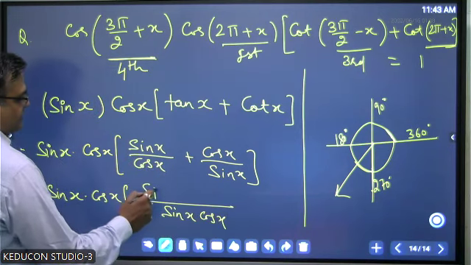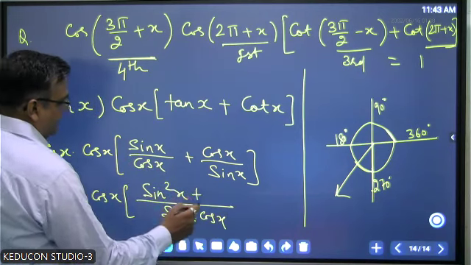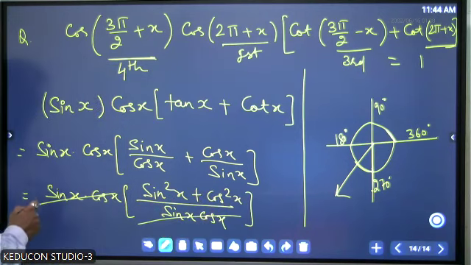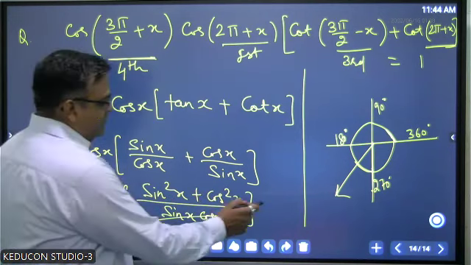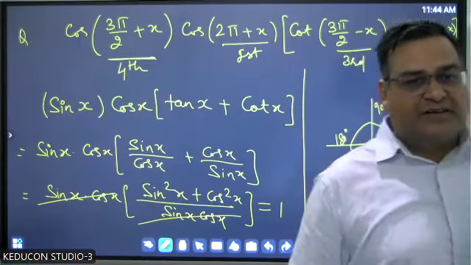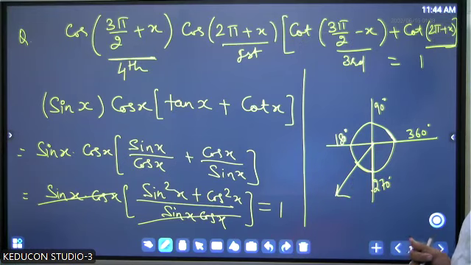It will become sine square x plus cos square x. This will be cancelled out. Sine square x plus cos square x is equal to 1. So whatever the answer we were supposed to prove, that is 1, we have got it.